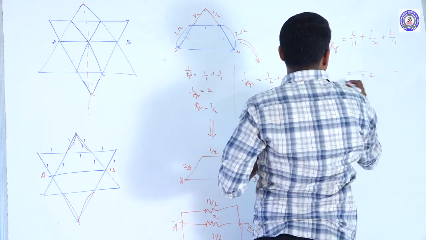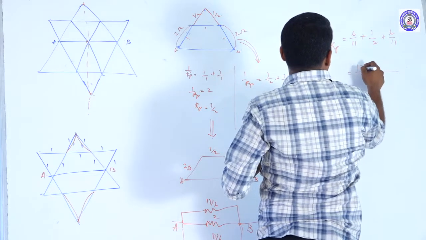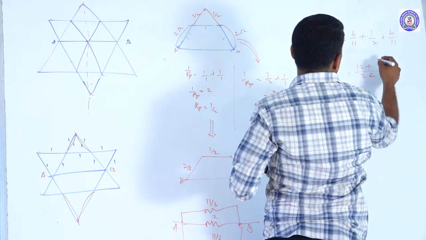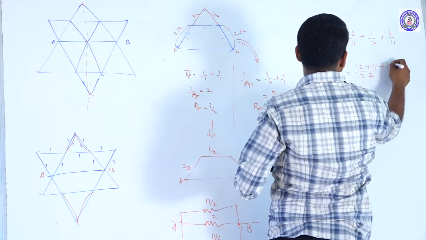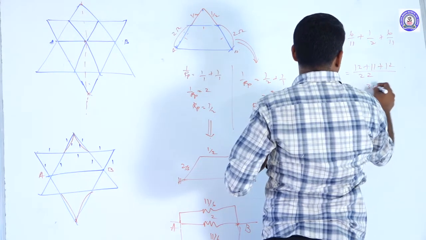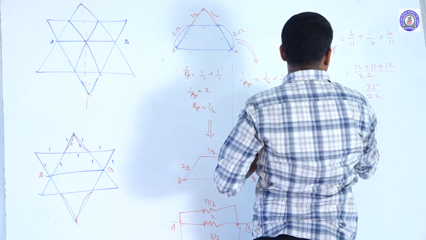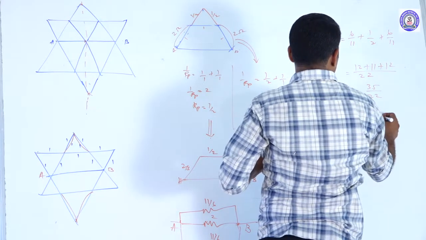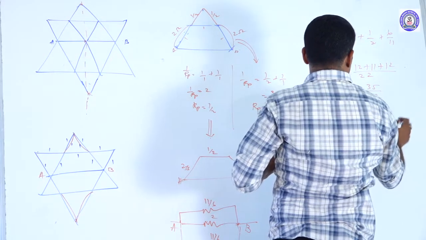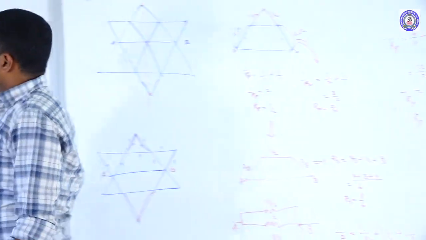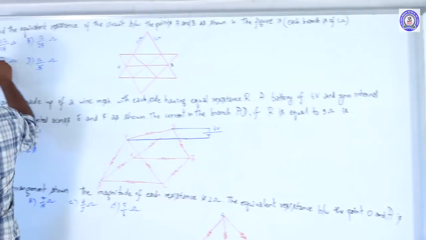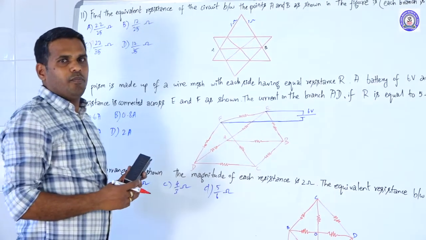If you take LCM as 22, then 12 plus 11 plus 12. So this is 35 divided by 22, which is 1 by Rp. So Rp equals 22 divided by 35 ohm. So for the first question, option is C, 22 divided by 35 ohm.